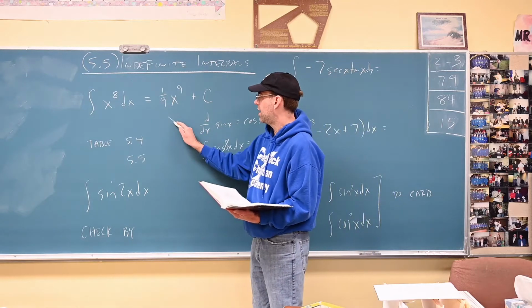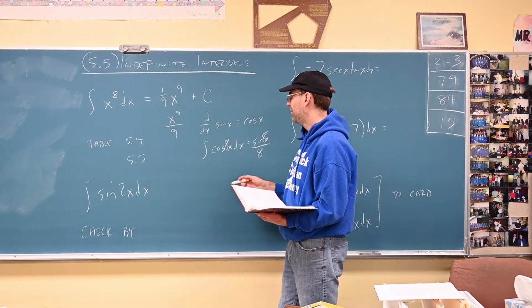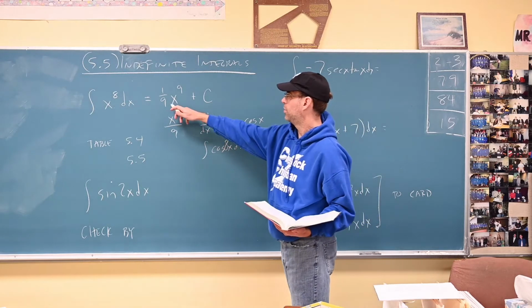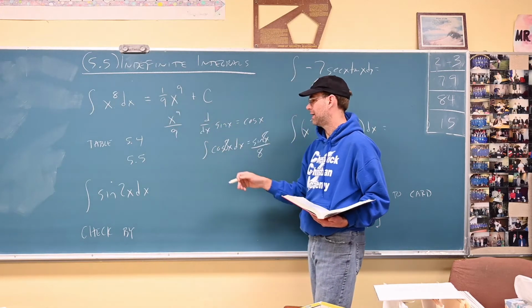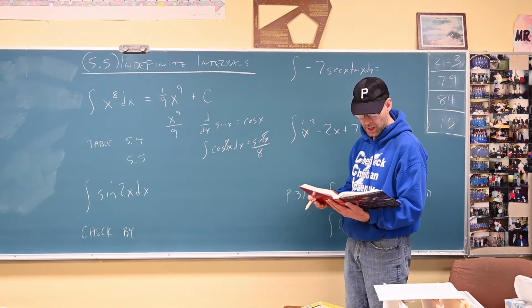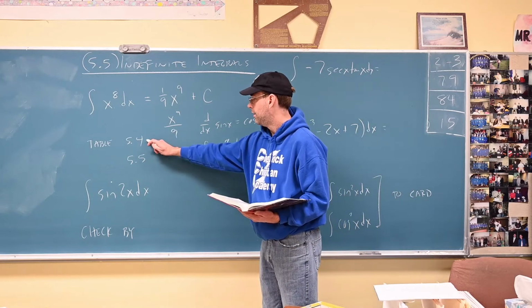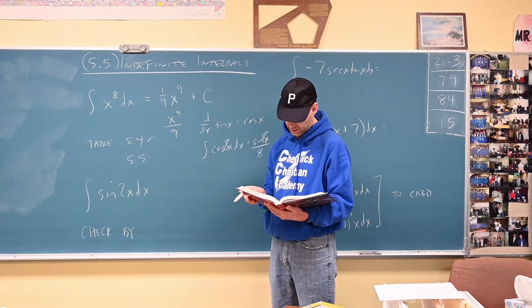And it's up to your style. The book style seems to be to put this x to the 9th over 9. My style is more frequently putting a fraction in front. It doesn't matter. So if this is a 1/8 in front or an 8 on the bottom, that's up to you. But table 5.4 has some nice trig stuff on 314.